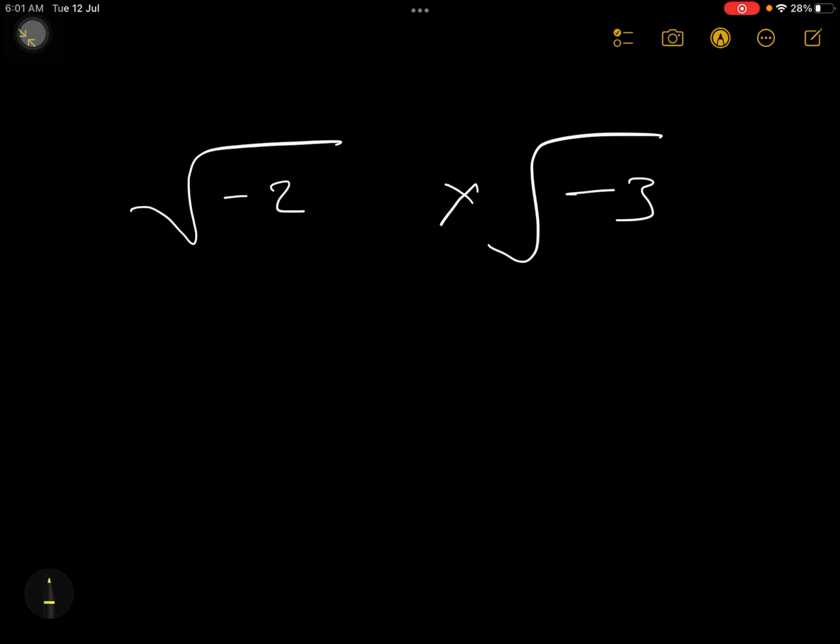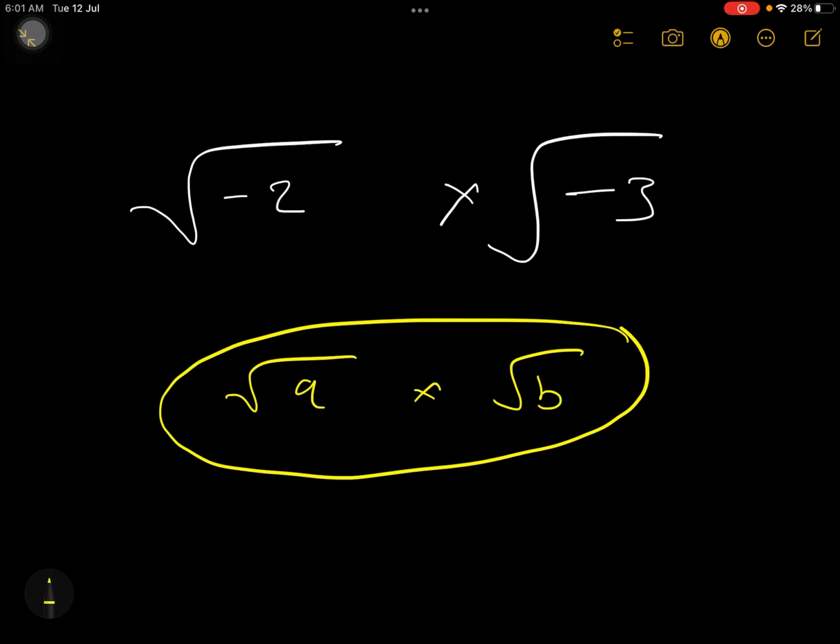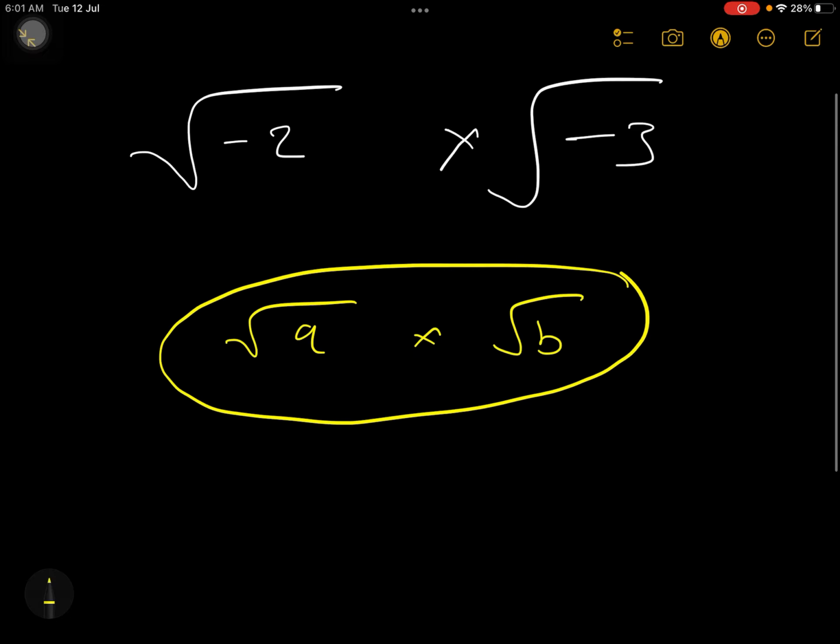So understand this. Under root a into under root b, this factor everyone knows, this is going to be under root of a into under root of b.